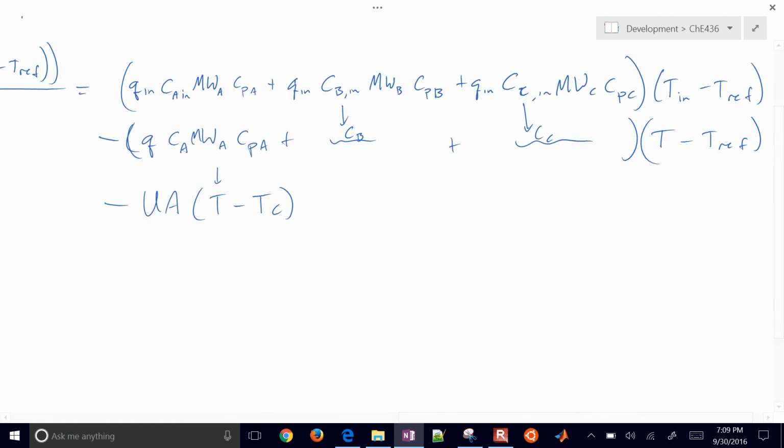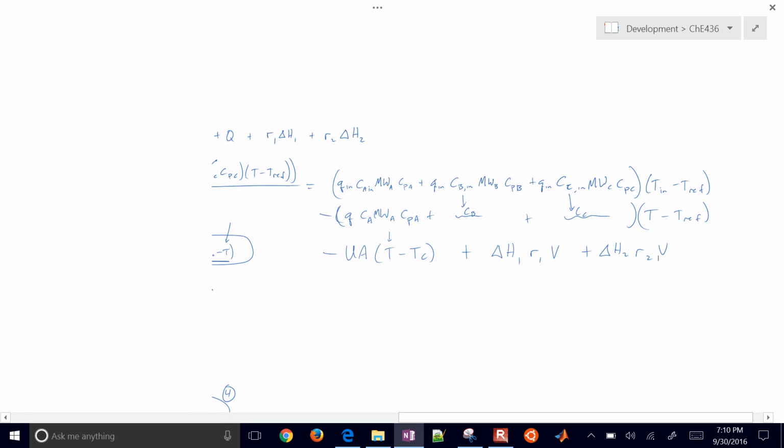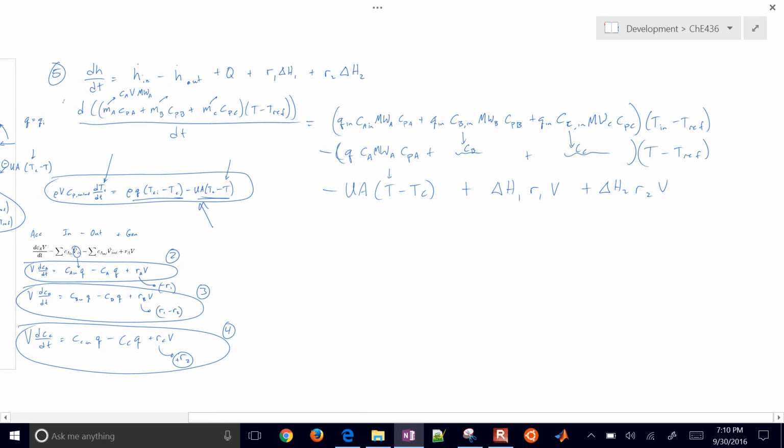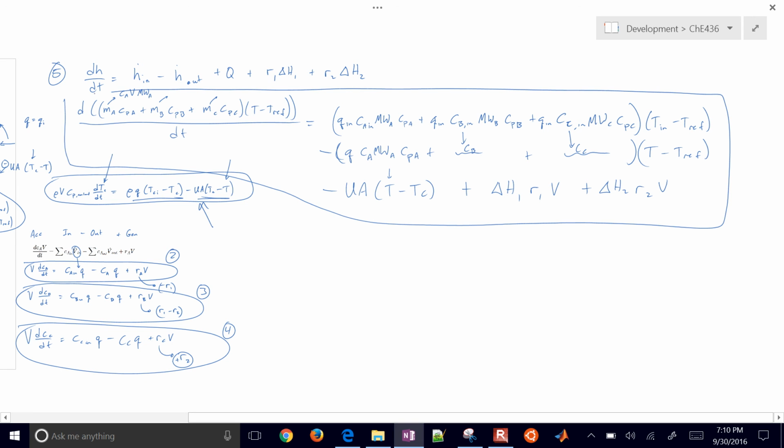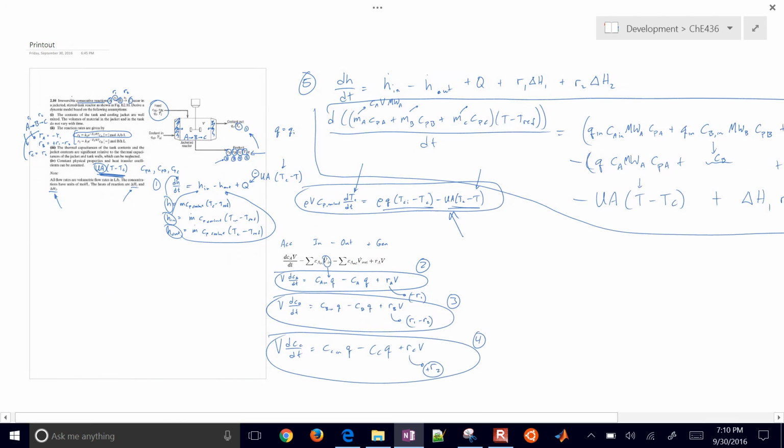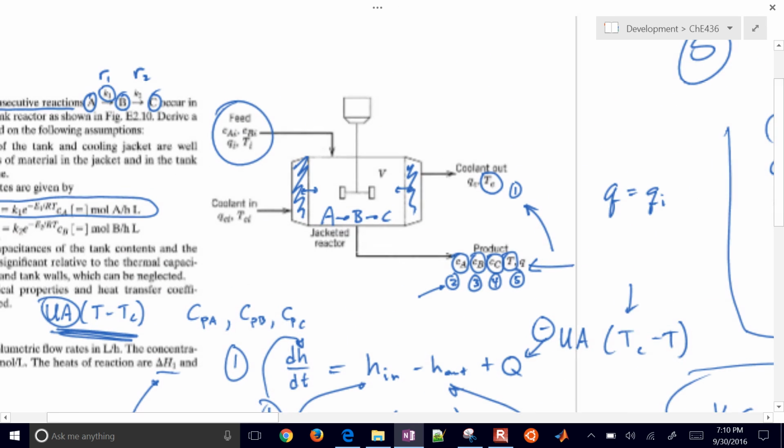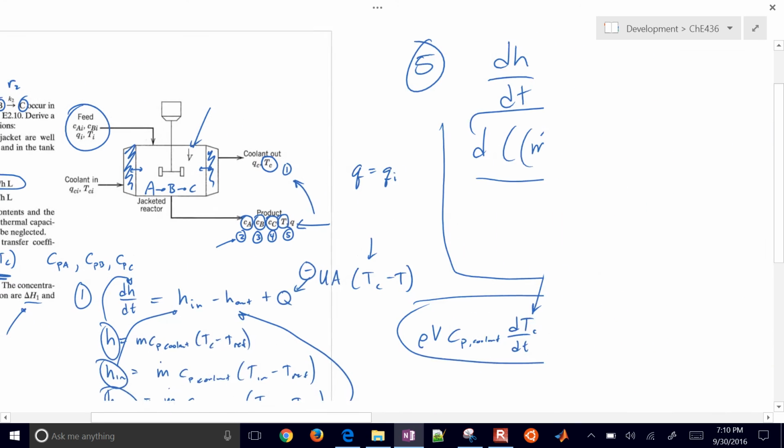And then we're also going to add in delta H1 times reaction 1 times the volume plus delta H2 times reaction 2 times the volume. So this is a nasty big equation for the energy balance around the contents inside this reactor.